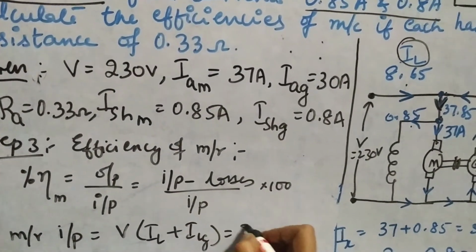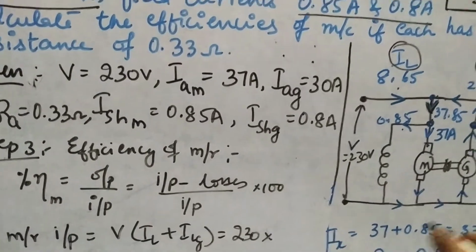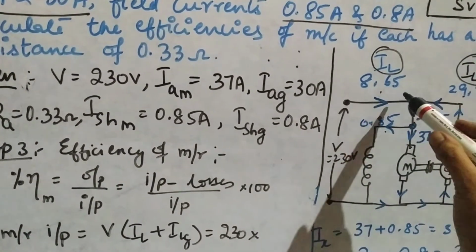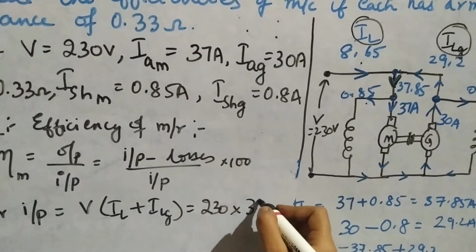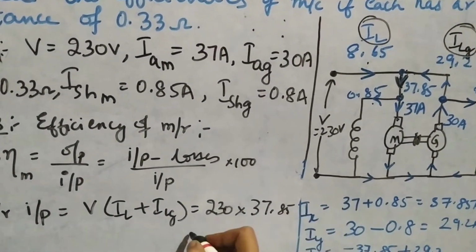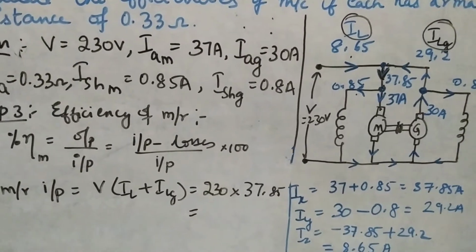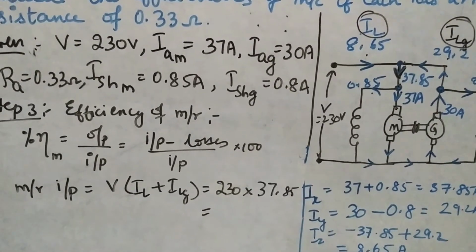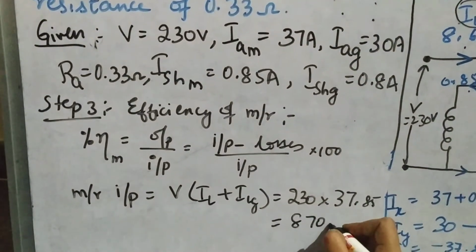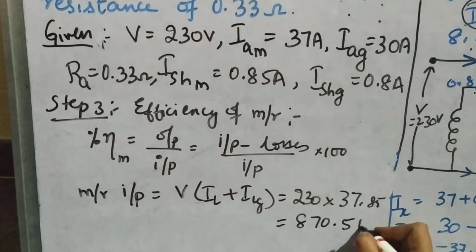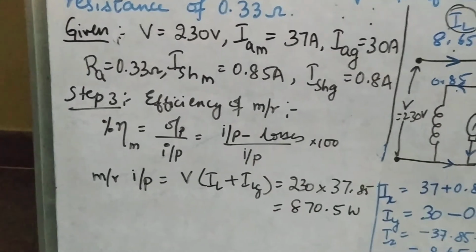So that is nothing but 230 multiplied by the addition of these two values of current, 37.85. So when you solve this, you'll get the value as 870.5 watts. Okay, this is about the motor input.